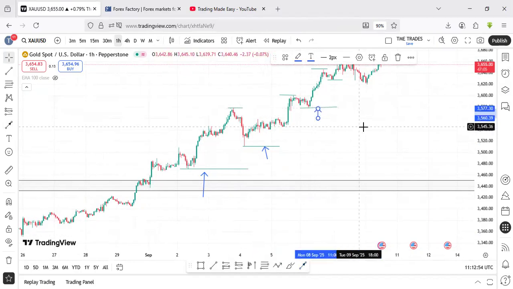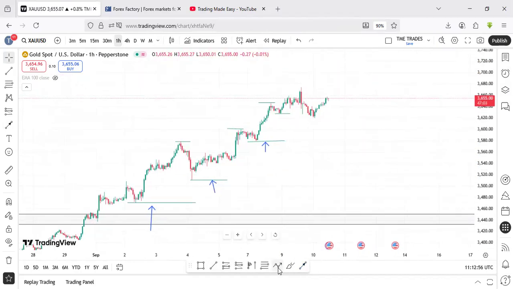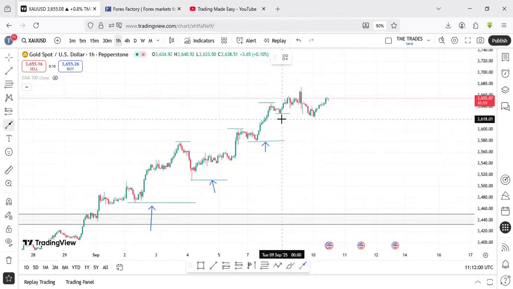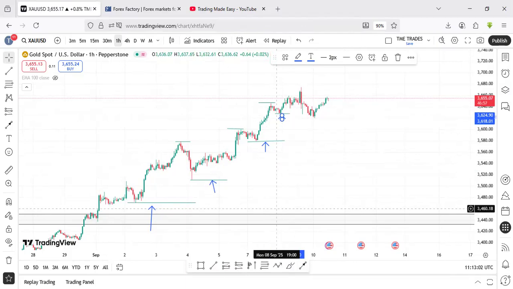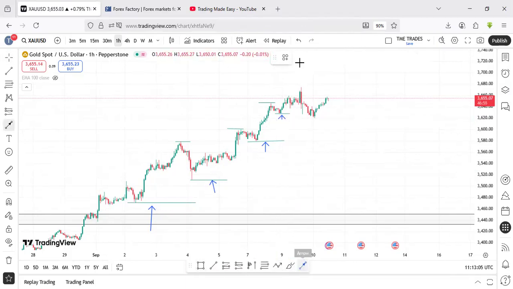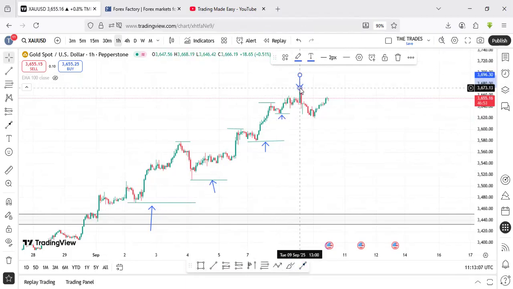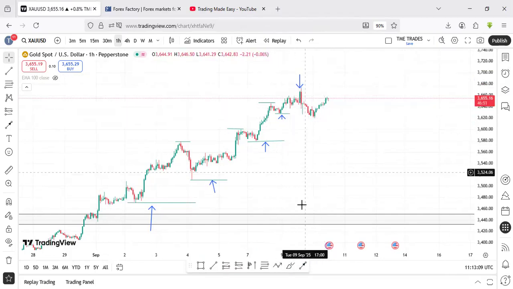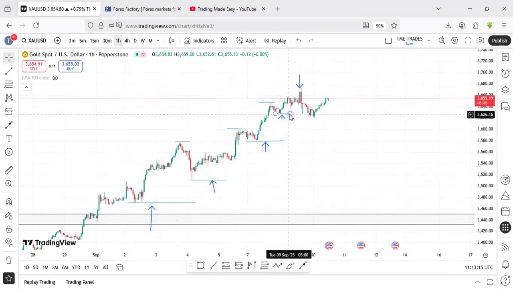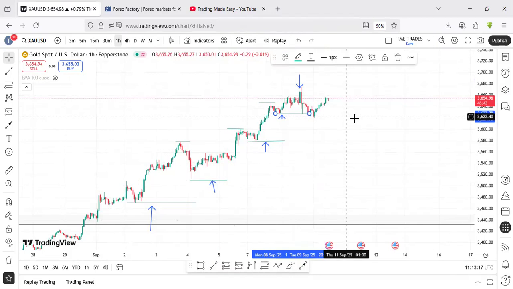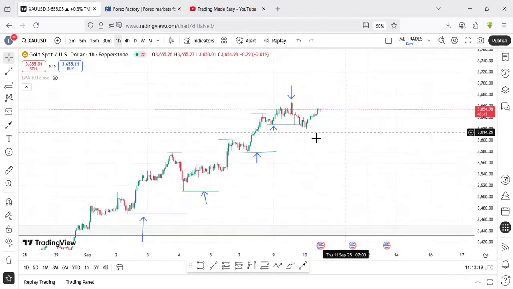Every low that creates a high, the market doesn't go below it. But after this low was created and it created another high here, what do we have? The market has gone below that particular low, which means we are now on a change of trend.